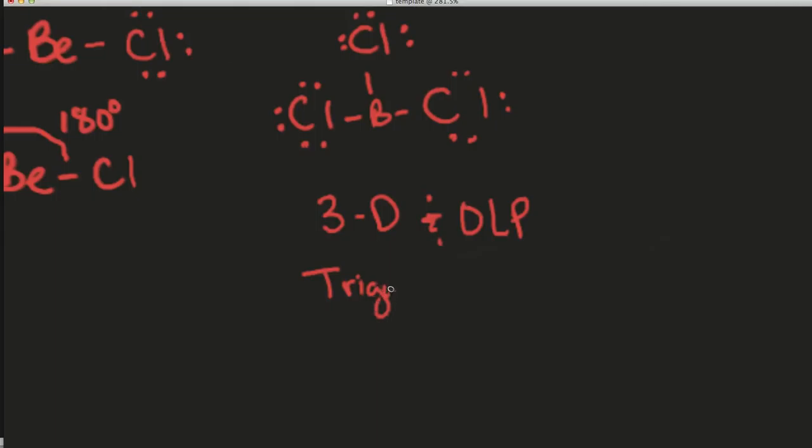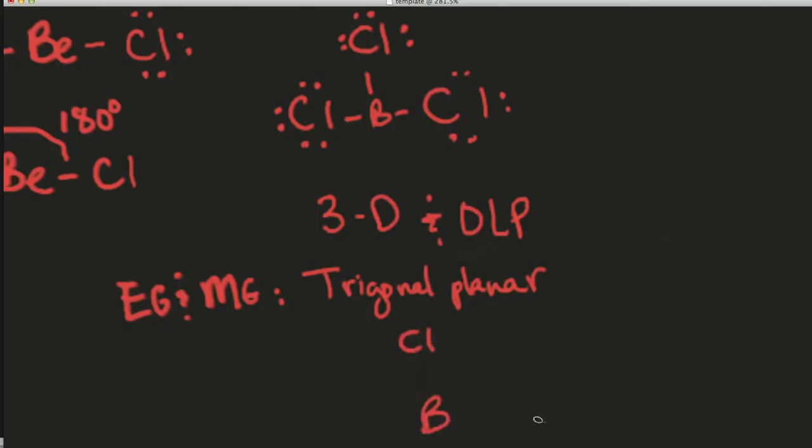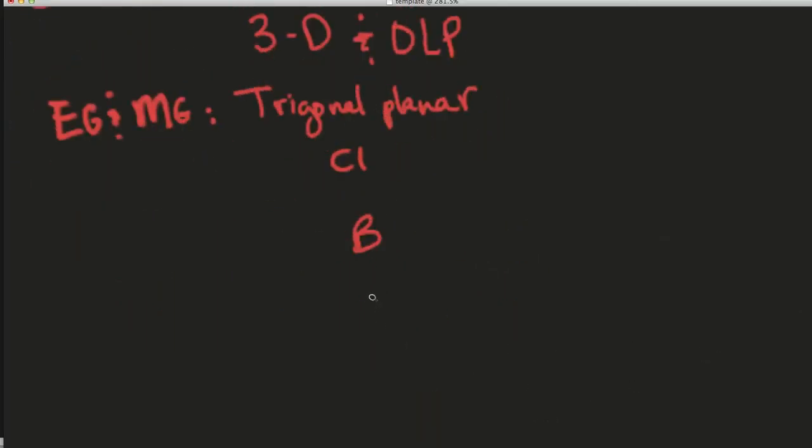You write trigonal planar for both Mg and Eg. And it would look like this, where the bond angle is 120 degrees.